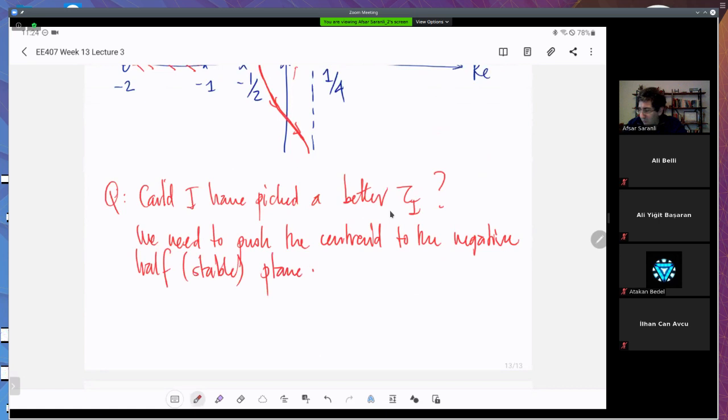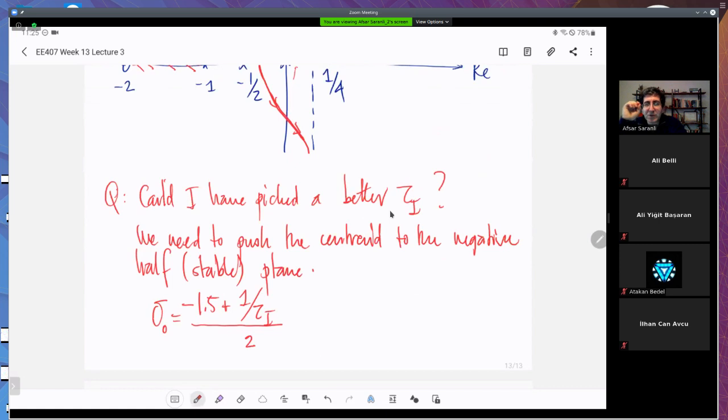Okay. So what is the centroid? Centroid is the summation of the poles minus the summation of the zeros, and the zero is related with the integral time constant. So I will have minus 1.5 from the poles plus 1 over tau I, divided by 2. Okay?